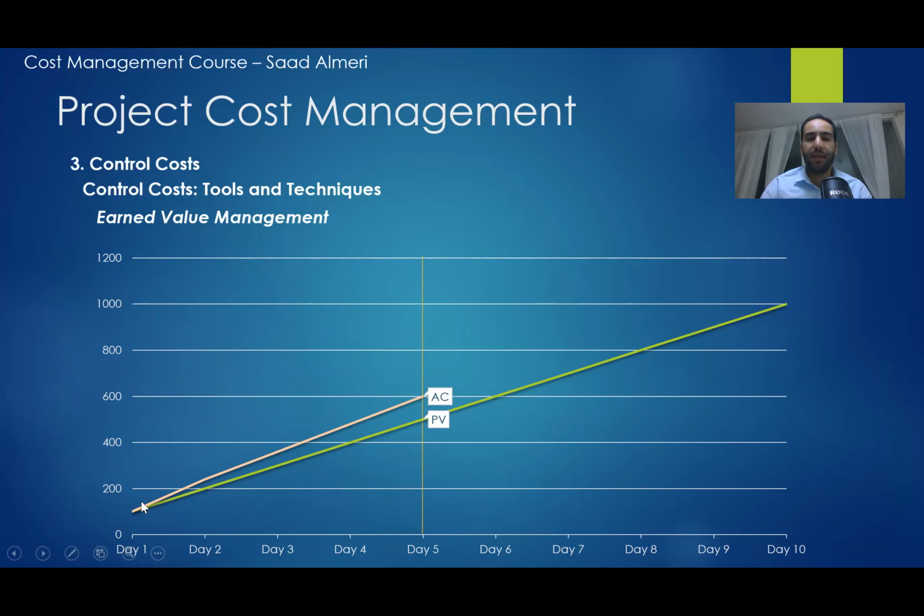So this is the line that represents the AC. But the earned value that we have is up to here. So the earned value is 400 only. This is how it looks on this graph. We are over budget and behind schedule.